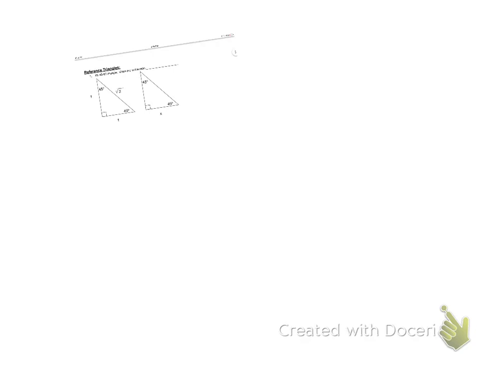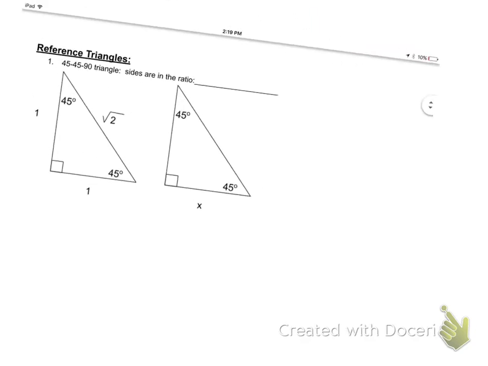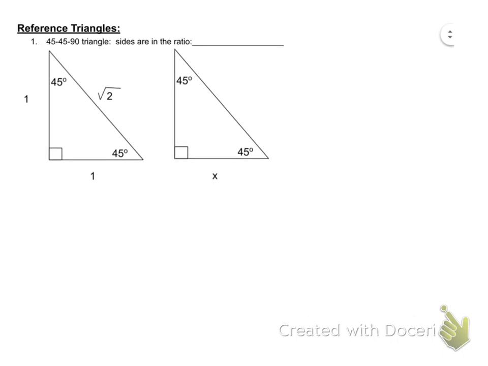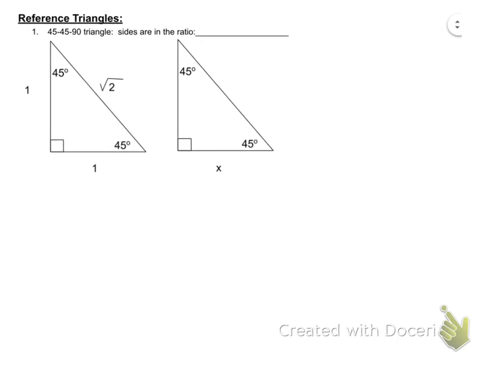It's still 1, 1, square root of 2. So I'm going to bring this back up to here so we can talk about this. This is where I'm trying to get to with that other triangle. This is still that 45, 45, 90 triangle.